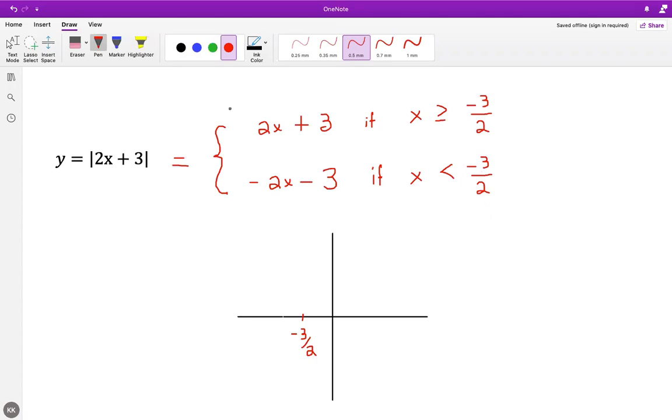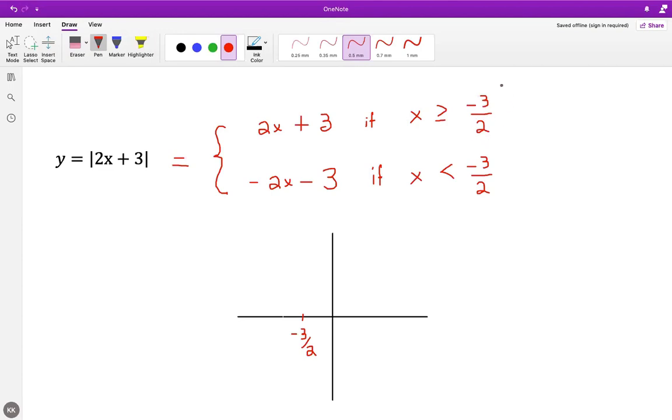So we have two portions of the function, but with different domains. The first thing I want to graph is the first piece, 2x plus 3, when x is greater than or equal to negative 3 over 2. I should start at this value, negative 3 over 2.